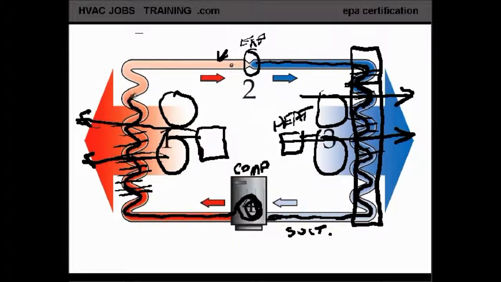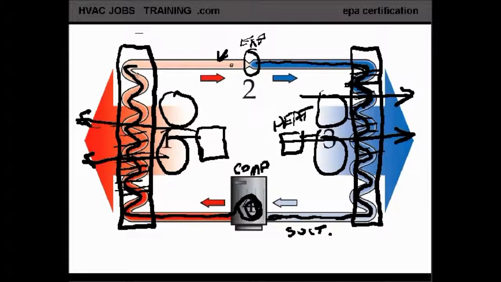We'll call this whole assembly right here our condenser coil. By the time it leaves there and travels down this copper tube, it's now a liquid again, and the cycle starts all over.